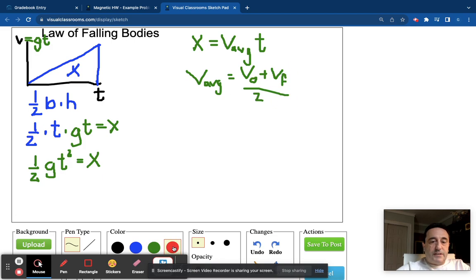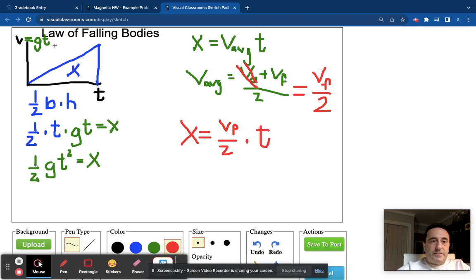Now, the original velocity for dropping it, that's just 0. So we don't worry about that term. So I've just got, hey, the average velocity is basically this final velocity divided by 2. Well, hey, then, I've got x is equal to the final velocity divided by 2 times t.